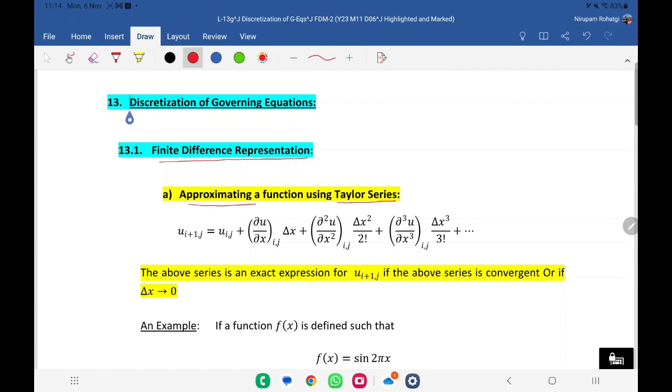We know what is a Taylor series. This is a Taylor series. Now if you want to find value of function at any point, that is i plus 1.